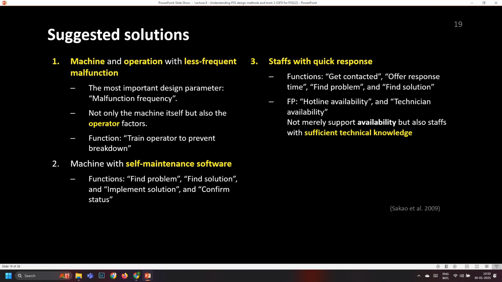So just observe that these suggested solutions were based on the outcome of the QFD exercise, which uses the customer survey results.